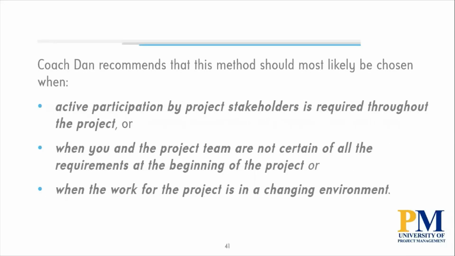And I recommend that this method should most likely be chosen when active participation by stakeholders is needed, or when you and the project team are not certain of all the requirements, or when the work for the project is in an environment that contains a great amount of change and uncertainty.